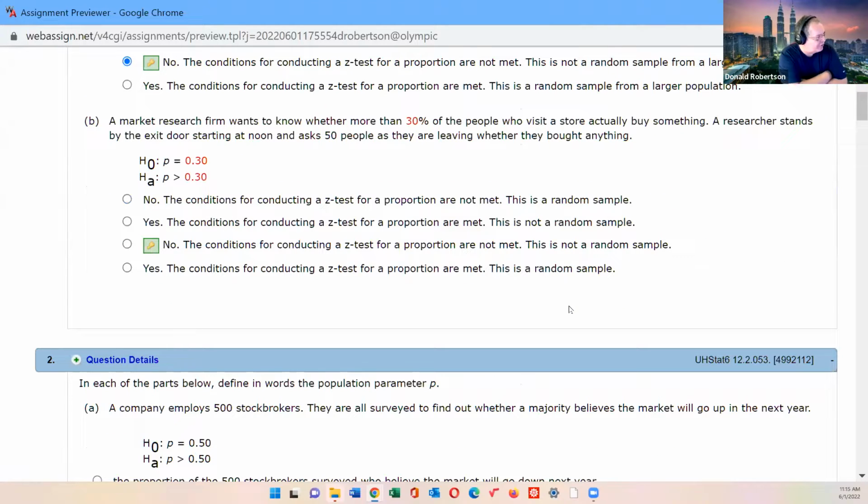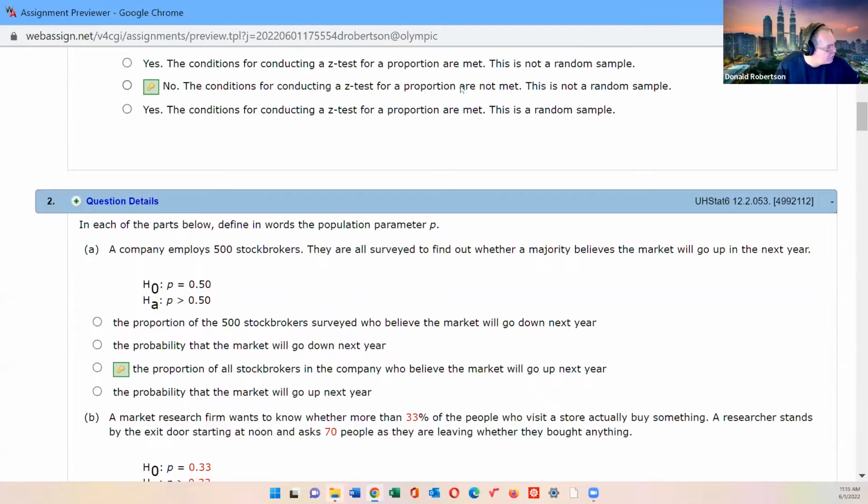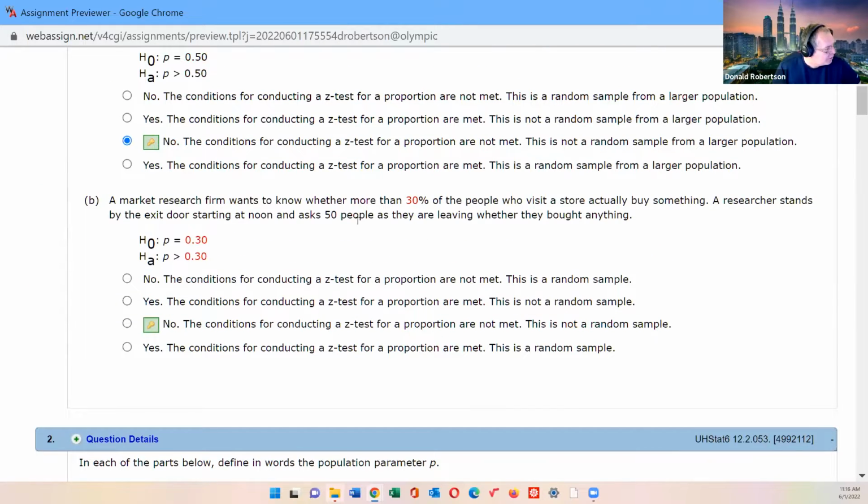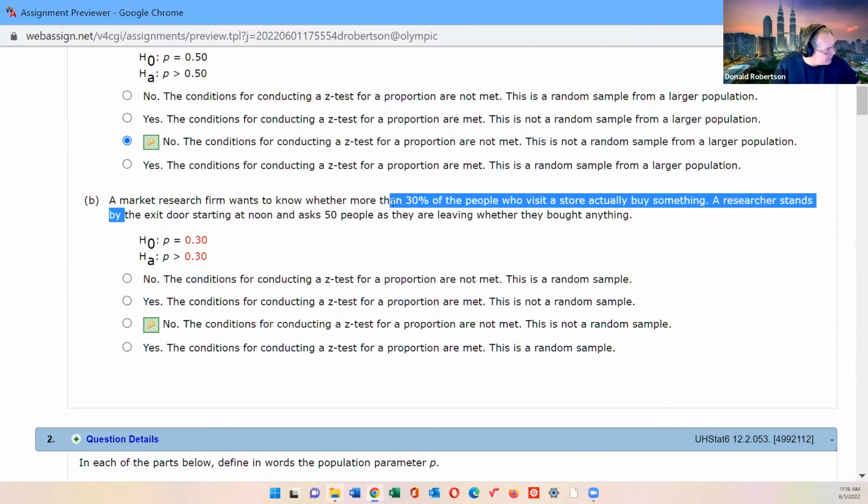Okay, a market research firm wants to know whether more than 30% of the people, and it asks 50 people as they're leaving, and they're saying no. It's not a random sample. Now, why is it not a random sample? They get people leaving at noon.